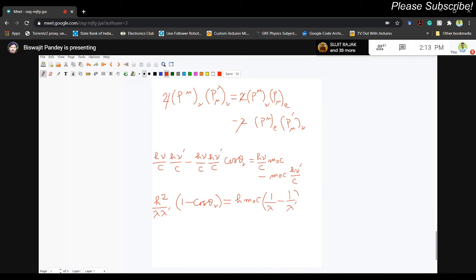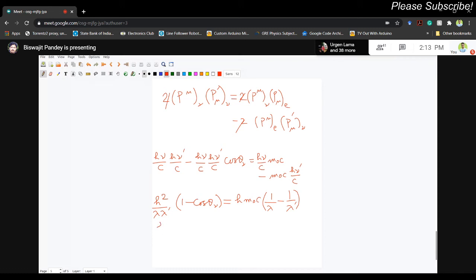I'm just rewriting nu and c in terms of lambda, right? Here we have c square, and I have just rewritten this in terms of lambda. I could have cancelled that and written it in terms of nu, and then I would have had to rewrite them again in terms of lambda. That's why I avoided that.